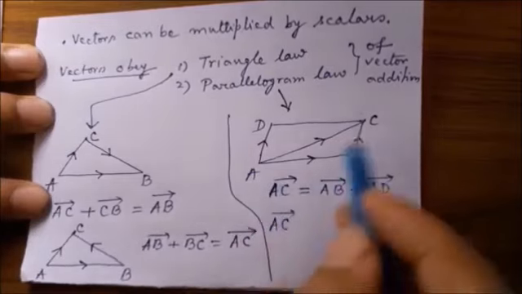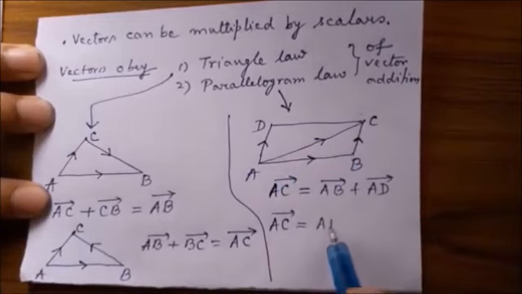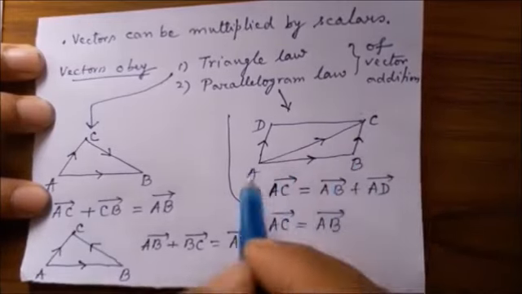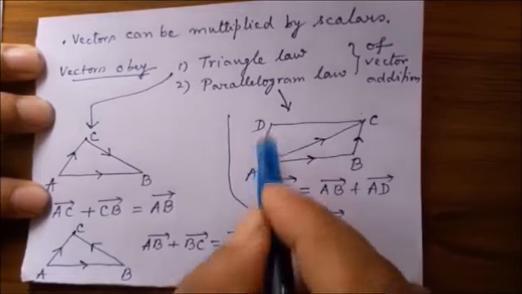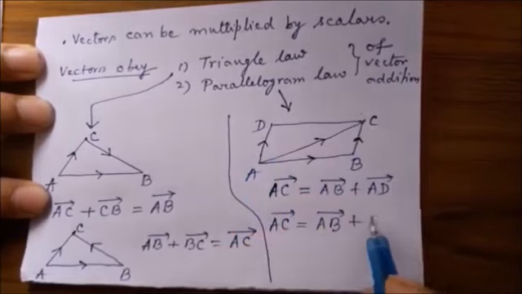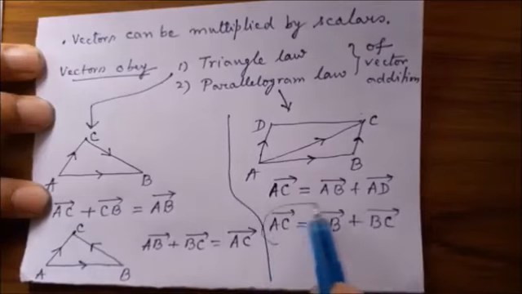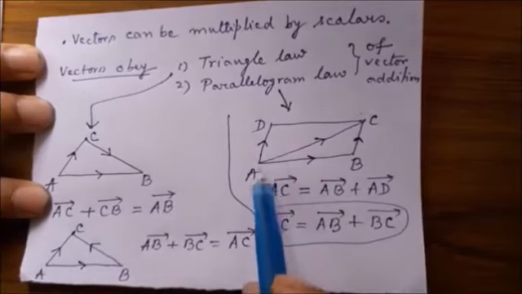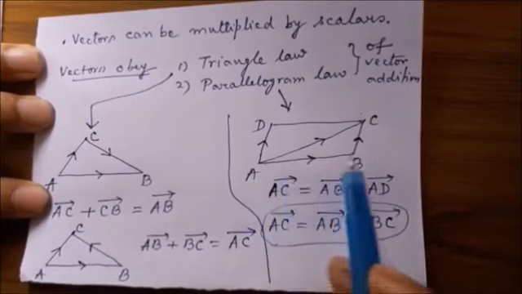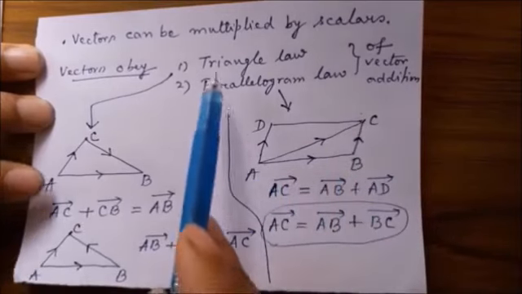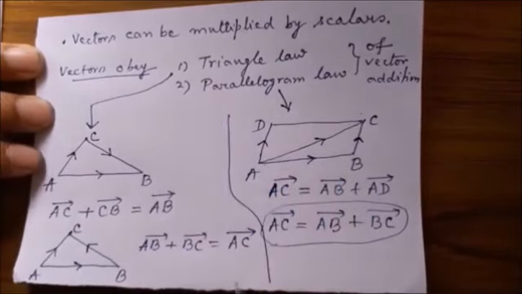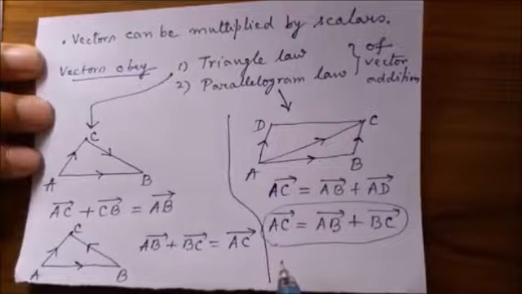So AC is equal to vector AB plus AD, but instead of AD we can write vector BC, and this is nothing but triangle law because it follows from this triangle. So these two laws are essentially the same.